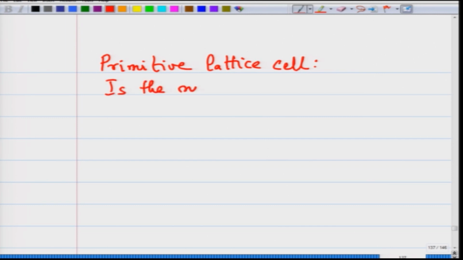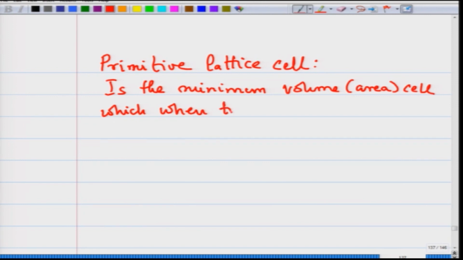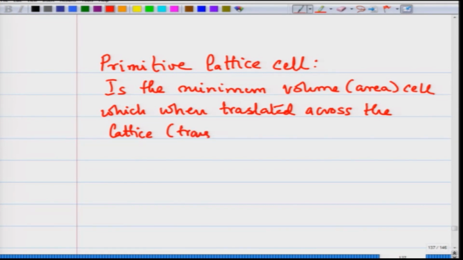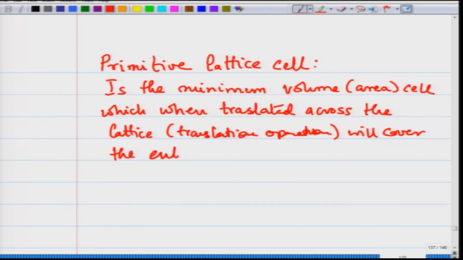is the minimum volume or area cell which, when translated across the lattice using the translation operation or vector, will cover the entire lattice.